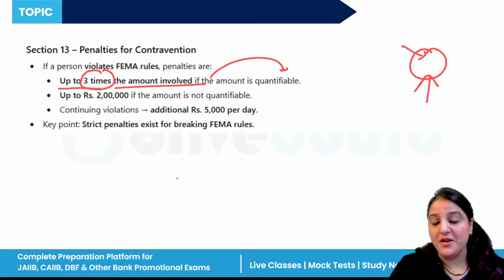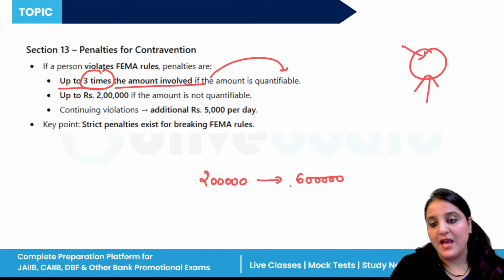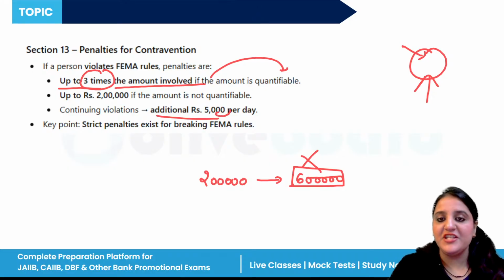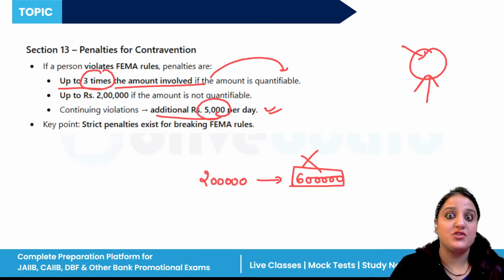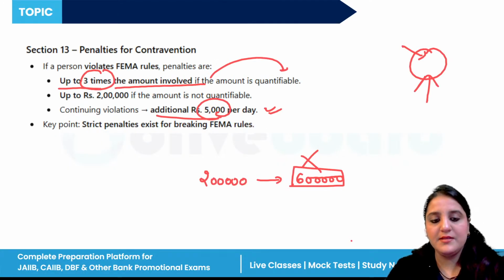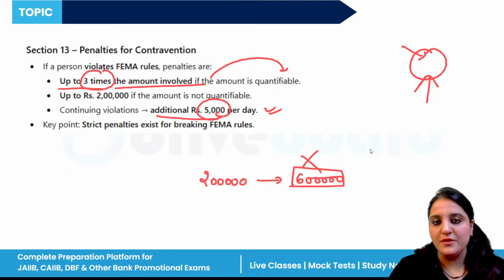Suppose a person does a contravention of 2 lakh, 3 times 2 lakh is 6 lakh. And if the amount is not quantifiable, in that case 2 lakh is the fine, and for continuing violation, an additional 5,000 per day. So strict penalties still exist for breaking FEMA rules. Right? Is that clear? All the rules and regulations.